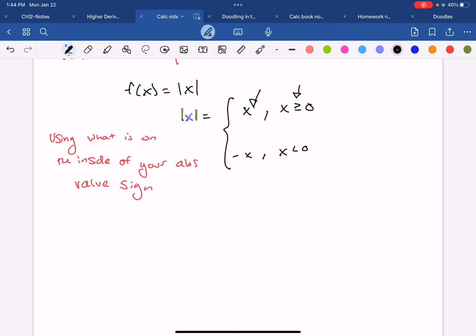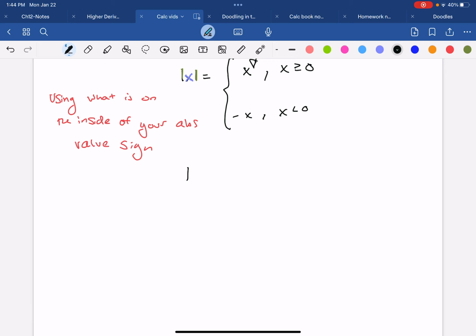So if we were going to write it as like an empty base, you would have your absolute value signs, and whatever's on the inside, and then that's going to be equal to the positive version of the inside, and you're going to set the positive version of the inside to be greater than or equal to 0, and then the negative inside to be less than 0.